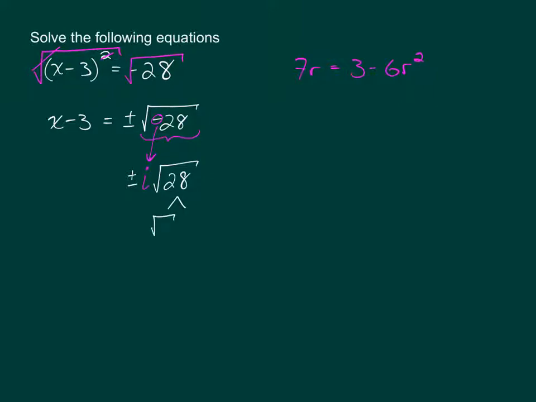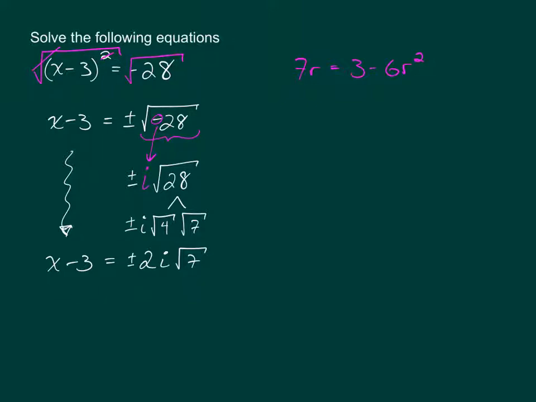And I can, because this breaks down into square root of 4 times the square root of 7, still with the i in front and a plus or minus. Finally, I know the square root of 4 is 2, so I'm going to call this 2i square root of 7 with a plus or minus in front of it. And this will come down for the ride, so this will be x minus 3 equals plus or minus 2i square root of 7.